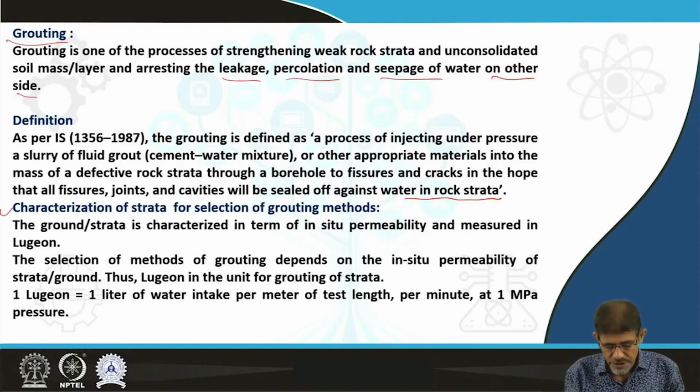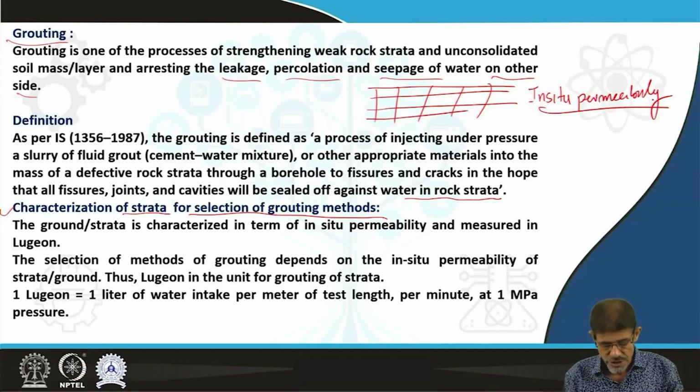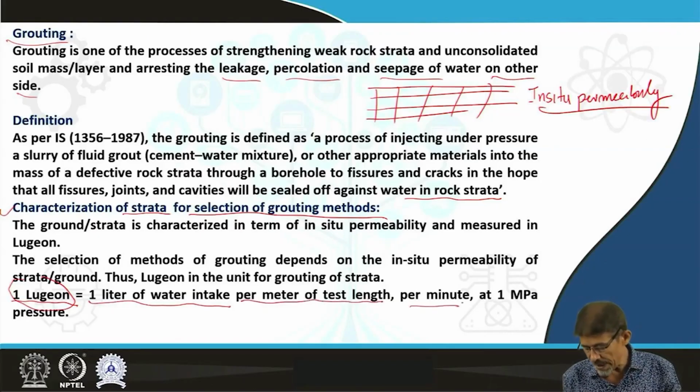What are the characteristics of rock strata for selection of the grouting method? The rock strata in general is characterized by in situ permeability, and in situ permeability in engineering geology is measured in Lugeon, and the Lugeon is defined as 1 liter of water intake per meter of test length per minute at 1 MPa pressure.